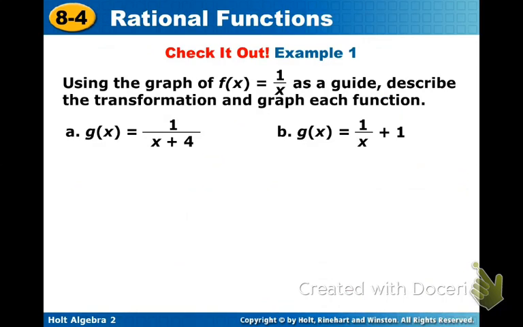Okay, now we have 1 over x plus 4. What's our transformation here? Left 4. If we look at our denominator, x plus 4, that's going to be 0 or undefined when x equals negative 4. So we've taken that vertical asymptote and shifted it to the left 4.